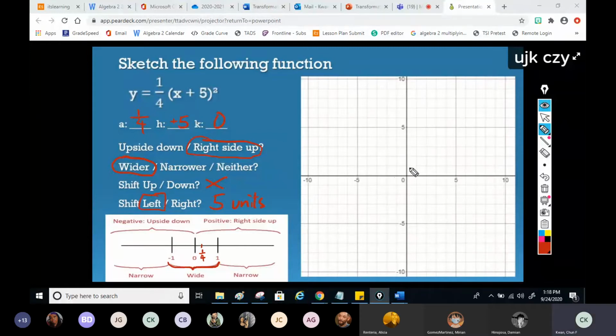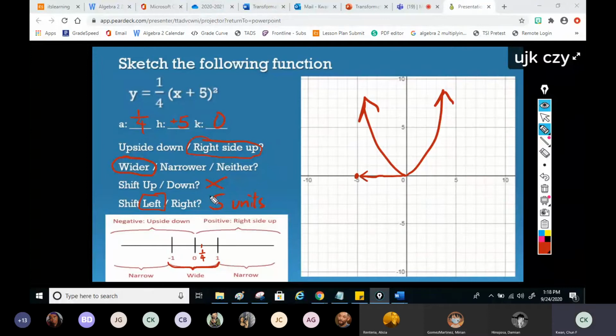All right, so let's take a look at how to graph this. Once again, the original parent function is at 0, 0. This is the original. And now I'm going to shift this to the left by 5 units. So it's going to go this way by 5 units. And you don't have to go up and down, all right?